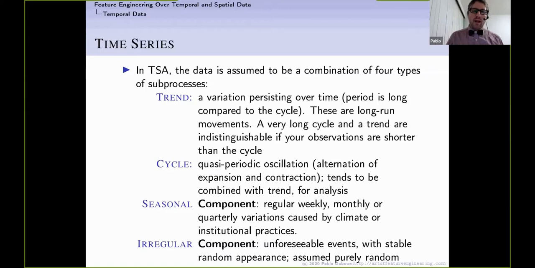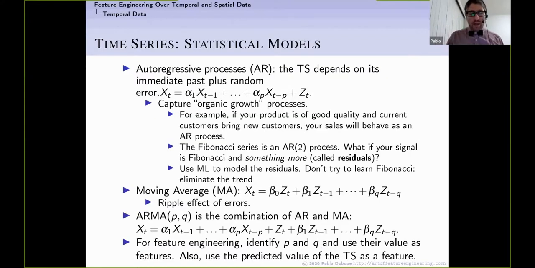There are some models that are very popular for that. The autoregressive process, the AR model, captures some sort of organic growth. One way of thinking is that Fibonacci is an AR(2) process. So it depends on a history of the 2 previous values, and those numbers are the ones that for feature engineering we want to get.